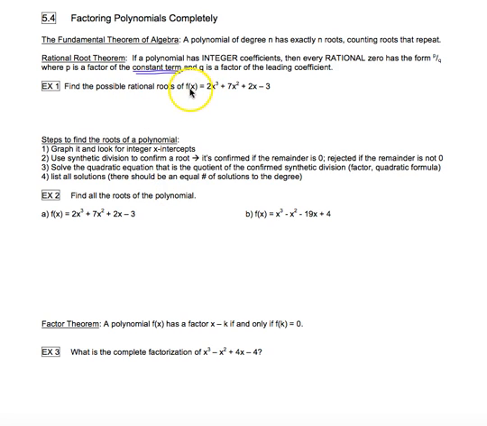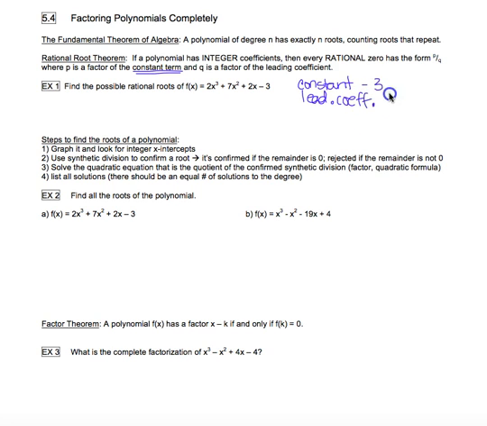So if we're looking at this polynomial equation, the constant is -3. And so P are factors of this. The leading coefficient, in this case, it is in standard form, so leading coefficient is always the coefficient of the one with the highest exponent.